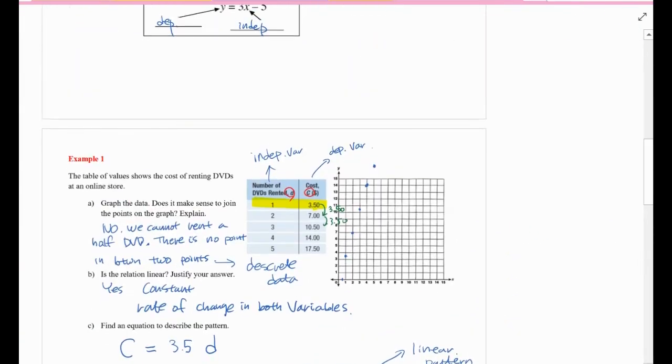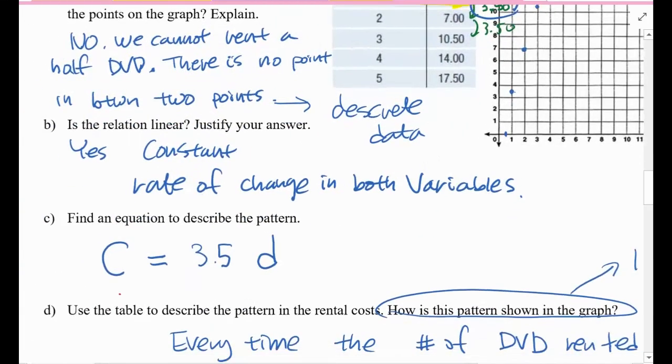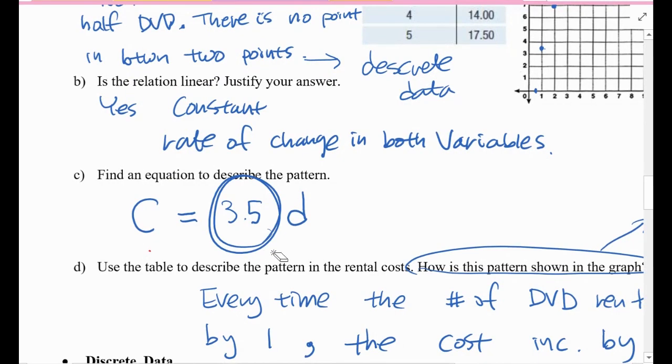So before, this was increased by 1. So it was okay to use this number itself because the rate of change is 3.5 over 1. 3.5 over 1 is just 3.5. So we used 3.5 to make an equation.